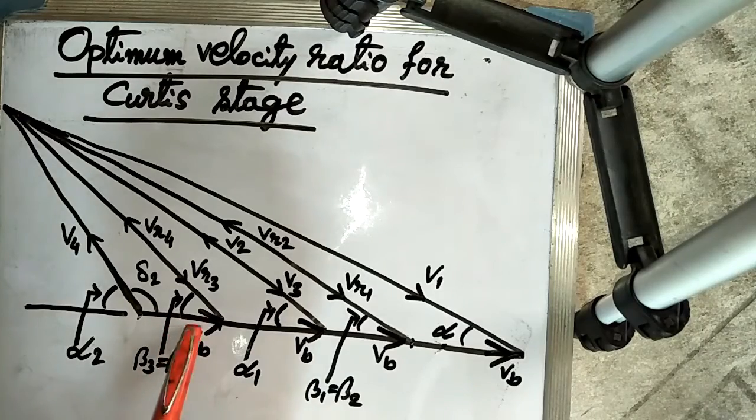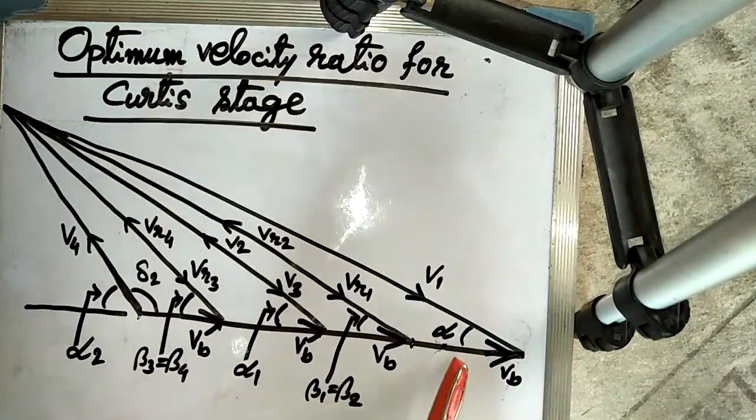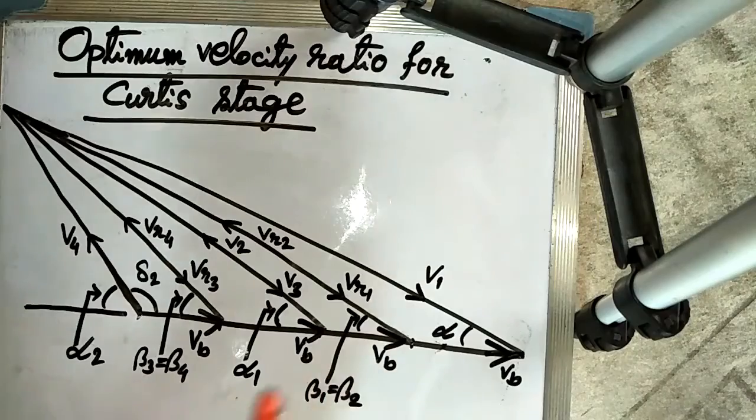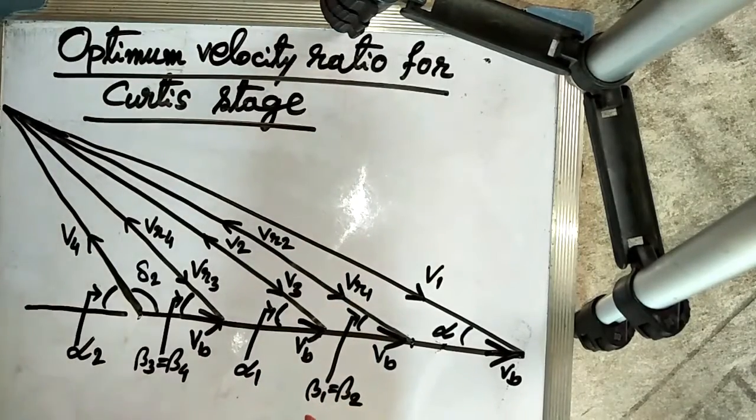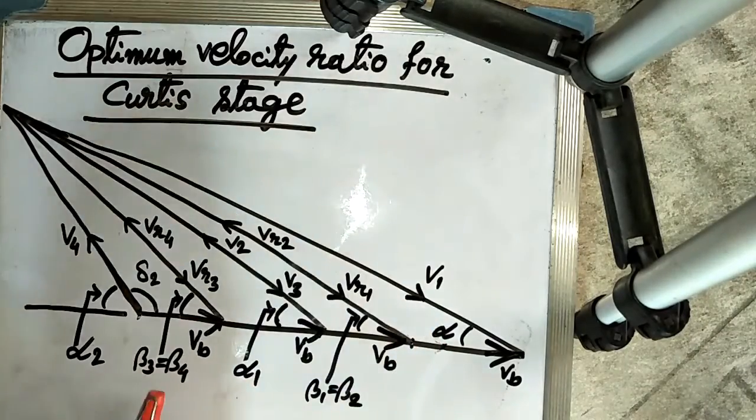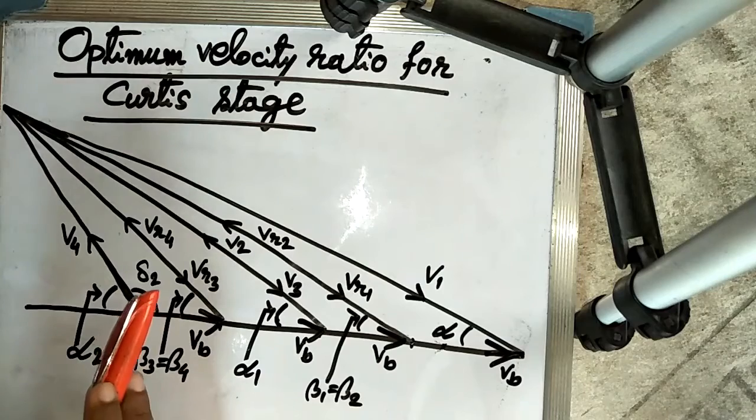These are the blade velocities VB, and with symmetrical blading, beta 1 is equal to beta 2, beta 3 is equal to beta 4. This is alpha 1, this is alpha 2, and this one is delta 2.